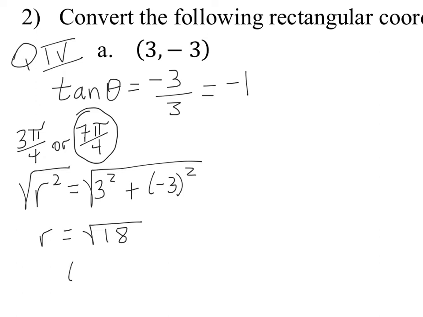So our polar coordinate is going to be square root of 18, comma, 7 pi over 4. You can also simplify the square root of 18 to be 3 root 2, but we'll just go ahead and leave it as square root of 18.